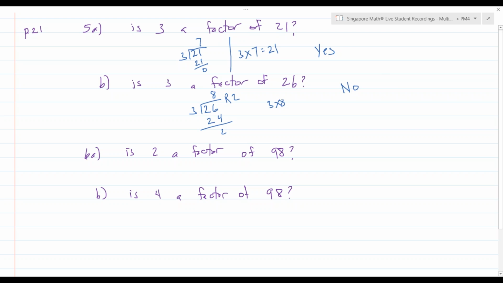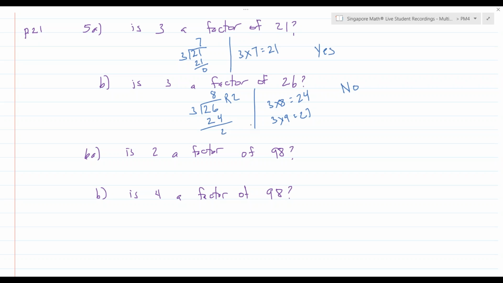I could also think, counting by 3's, I can get to 24, and I can get to 27, but I cannot get to 26. So both of those methods tell me that 3 is not a factor of 26.